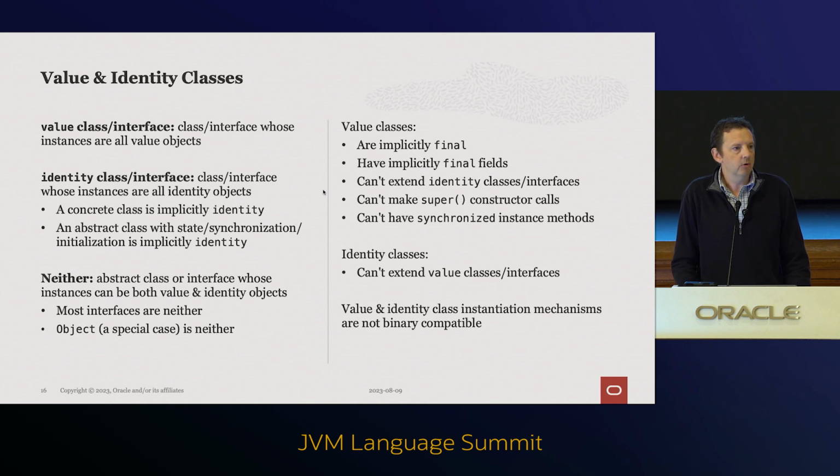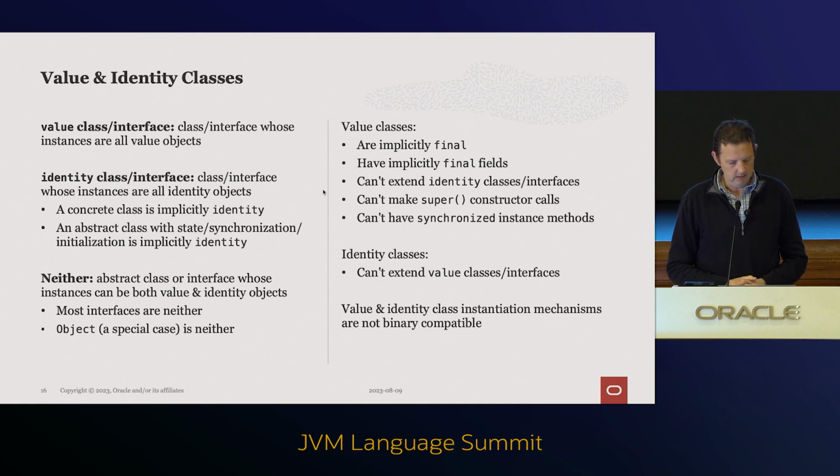And there's also a third category, neither. So this includes most interfaces by default. An interface can have instances that are both value objects and identity objects. We're not going to try to put all the value objects in their own box in a separate area of the type hierarchy. They can flow freely.